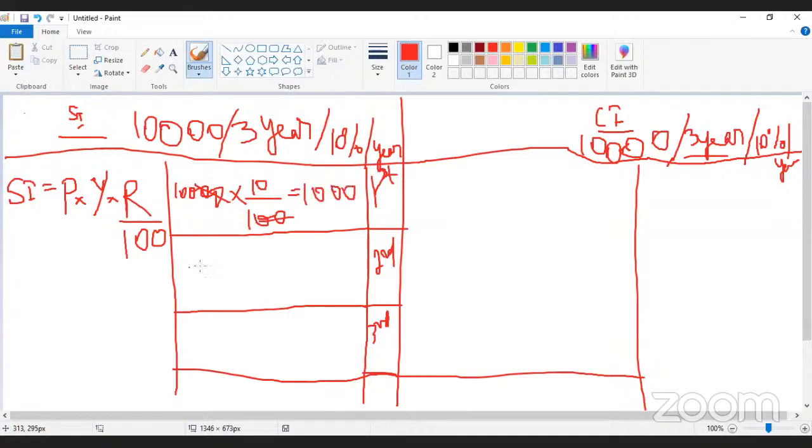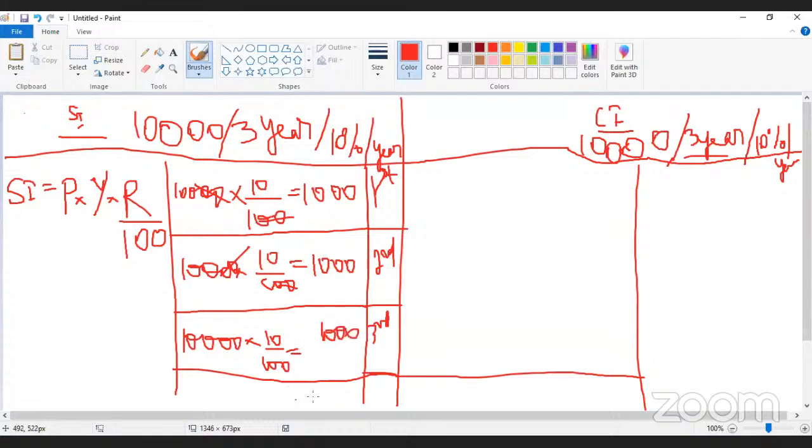Second year also, 10,000 into 10%. So that will be 1,000. Third year, 10,000 times 10%. The principal amount every year is the same, giving 1,000.